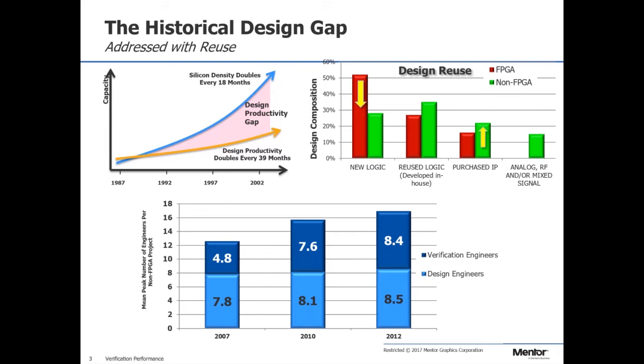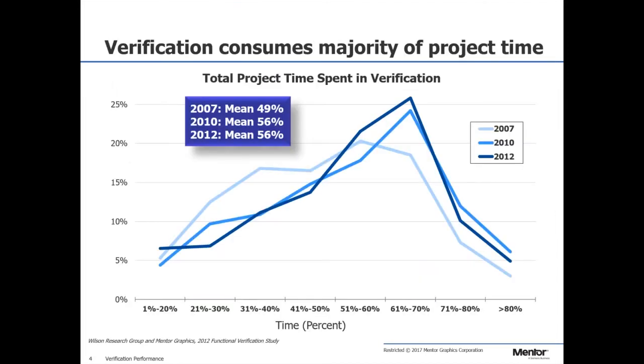it used to be you'd have 2 designers for every verification engineer. Now we've almost flipped that around, where there are more verification engineers on any one project than design engineers. And this slide shows that the majority of time spent on a project is on the verification effort versus the design effort.